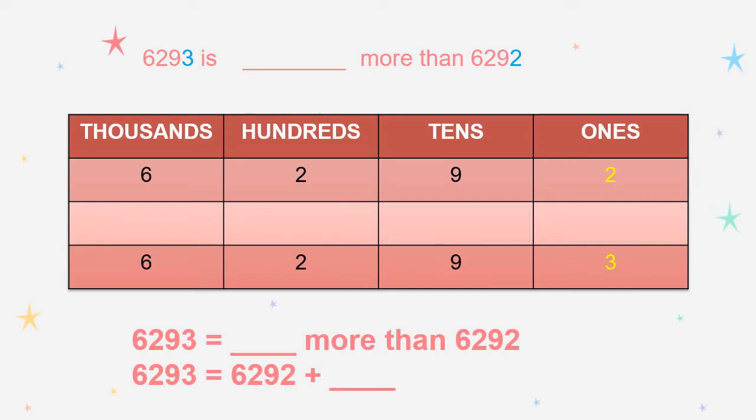The tens place is also the same, 9. So the difference is only in the ones place, 2 and 3. 2 plus what becomes 3? 2 plus 1 becomes 3. So the answer is 1. Okay.